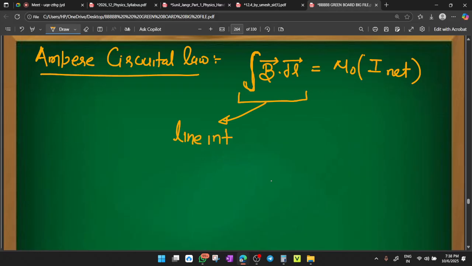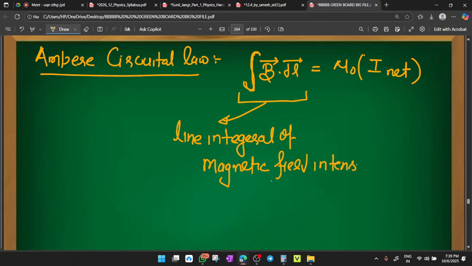This whole left part is called the line integral of magnetic field intensity over a closed loop. This loop is called the Amperian loop.